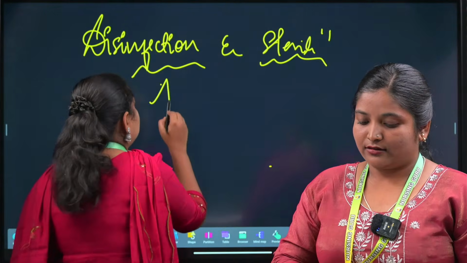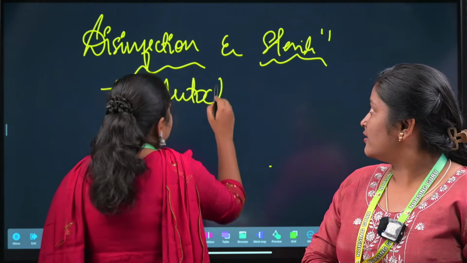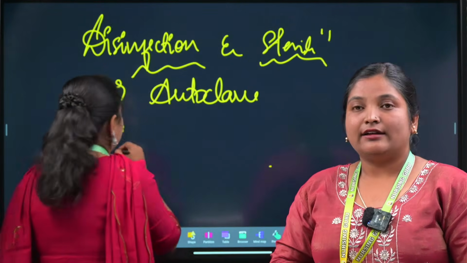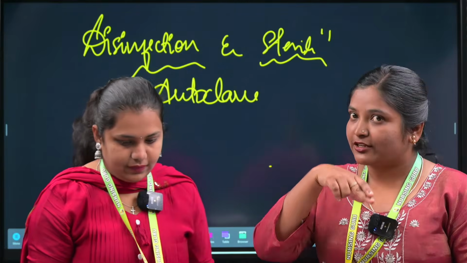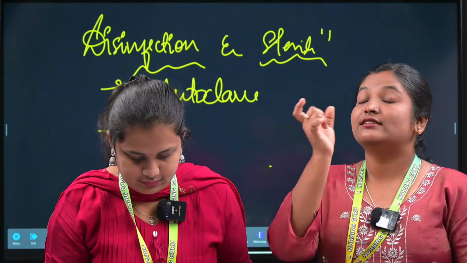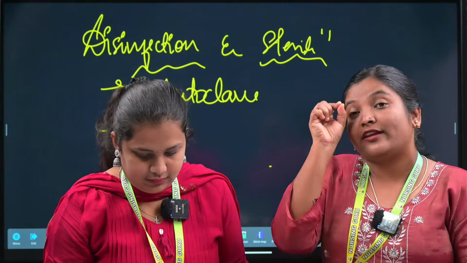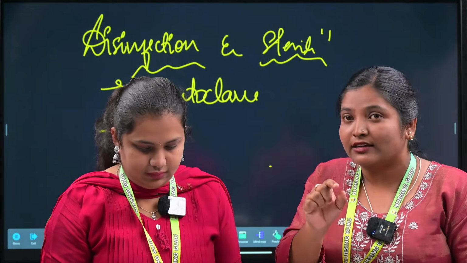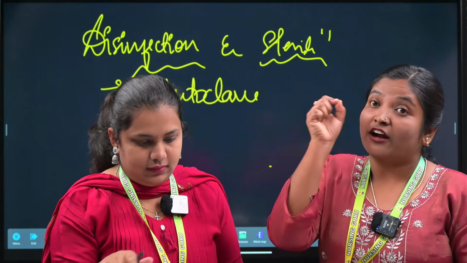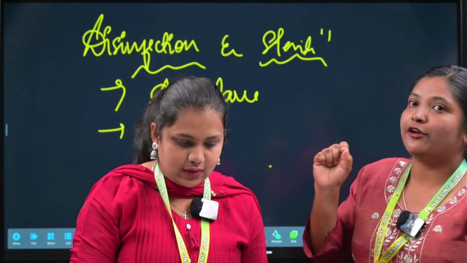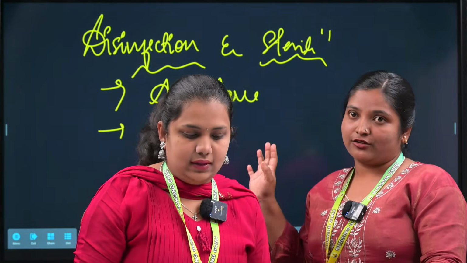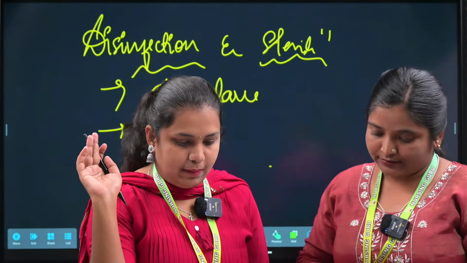Autoclave we have to study. See, the only difference between disinfection and sterilization is that disinfection means we can clean 99.9% of germs. Sterilization means 100% of microorganisms are completely washed out, we can vanish them.